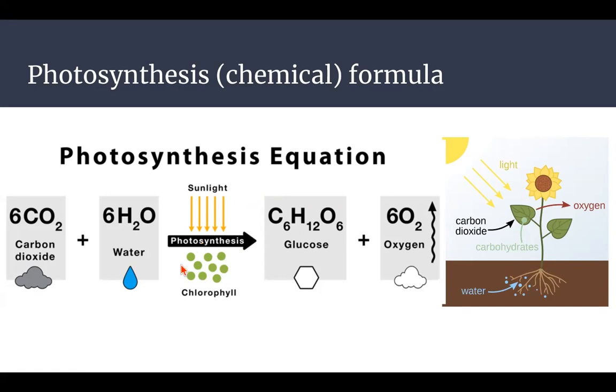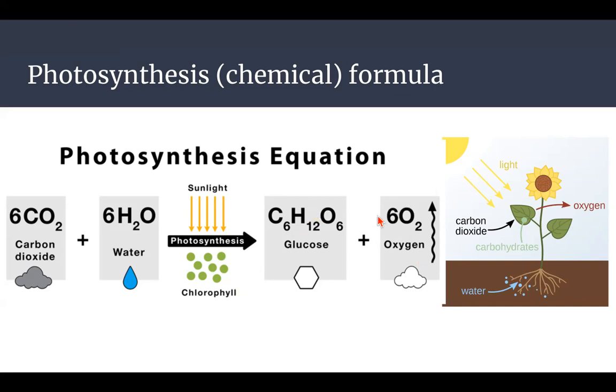Chlorophyll, we have put it underneath the arrow because it is not something that is being used up or processed. It is rather a place where the entire process happens in. And chlorophyll is a little machine or a pigment that helps to capture that sunlight.